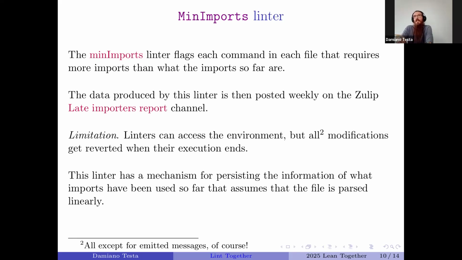That means that the linter expects the file to be parsed linearly, from the beginning to the end, and not jumping around. So editing a file, for instance, would be bad for this linter, and probably this might be what happened today. If there is non-linear execution of files, that might also cause problems. But this is a limitation of linters that may or may not cause problems.